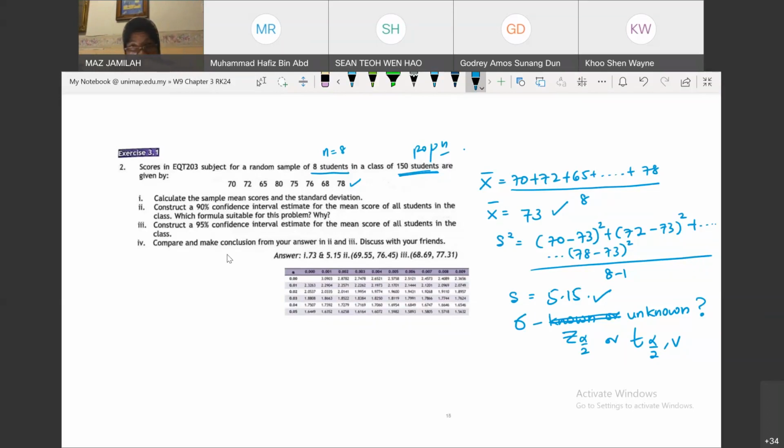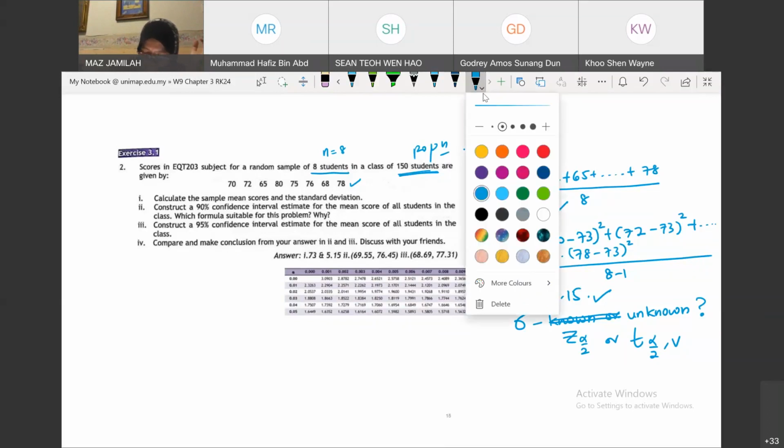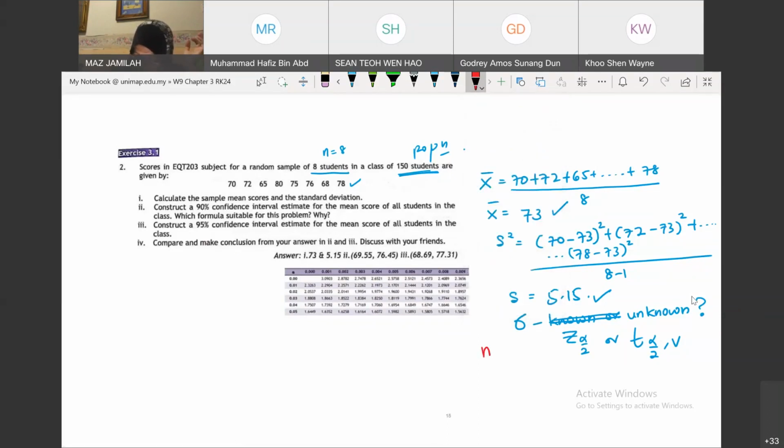Sigma is unknown, so there is a second condition you need to know: whether your n is greater than or equal to 30, or n is less than 30. Definitely, since we are talking about a sample of 8, we are going to use T.